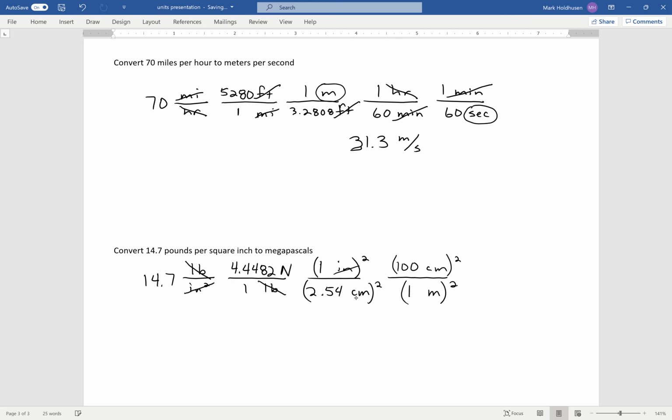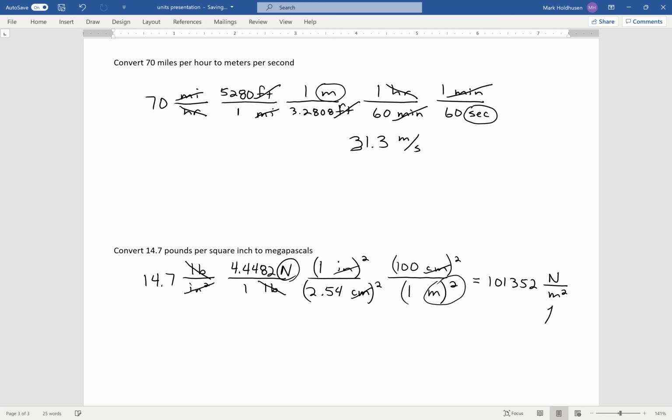So that centimeter will kill that centimeter. So now what I'll have left is newtons per meter squared. When I do that calculation, I get 101,352, and again, that's newtons per square meter.